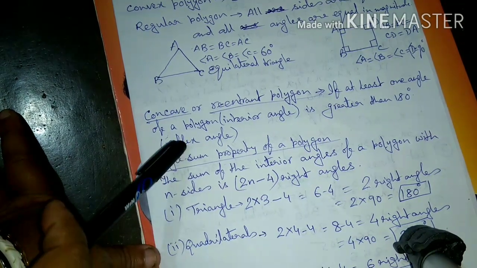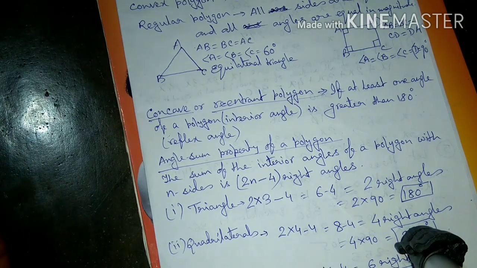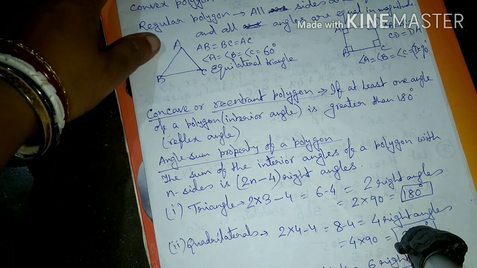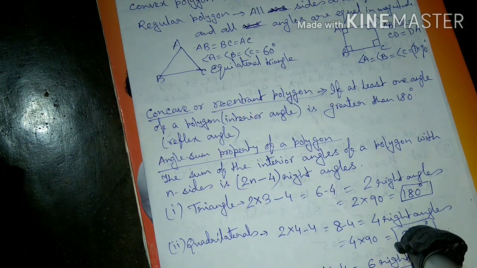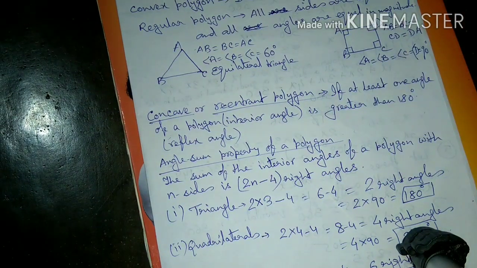They are also called reflex angles. So what we have come to know first: what is polygon, what is quadrilateral, what is regular polygon, what is interior angle, what is concave polygon, what is convex polygon, all this.